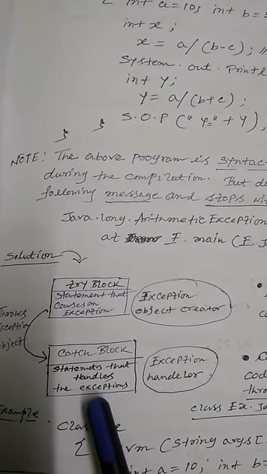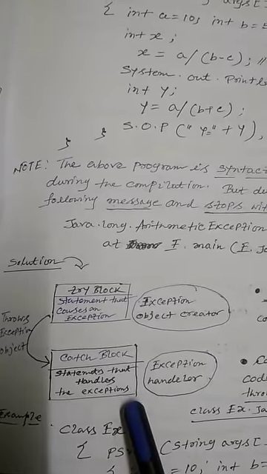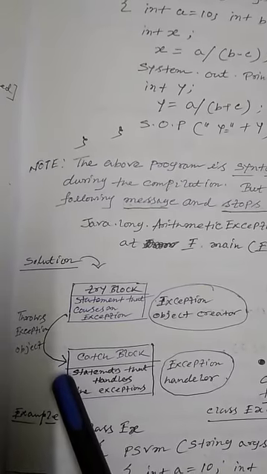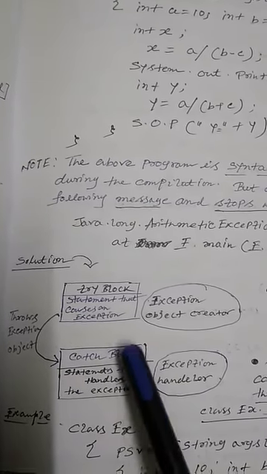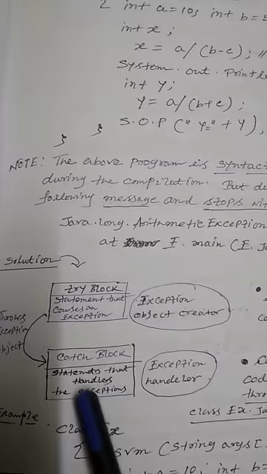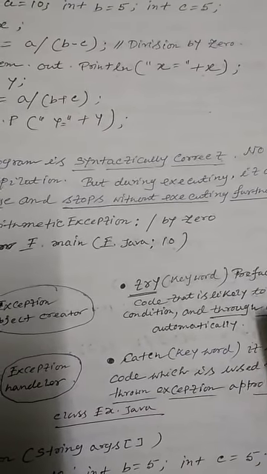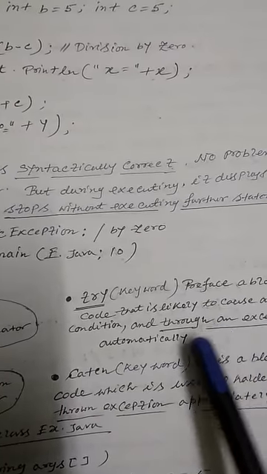Try will throw the exception object, and catch will catch it like a fielder, and it will print the required thing and go on with the further execution of the program.